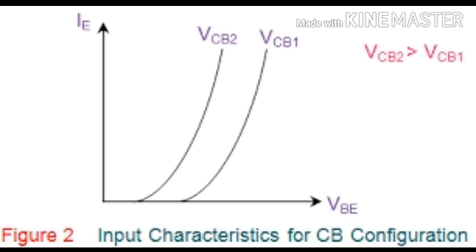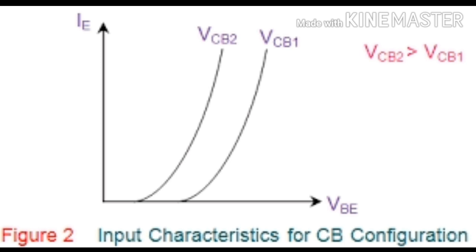Current IB is 0 until VBE crosses the barrier potential, that is 0.7 volt for silicon and 0.3 volt for germanium. The curve is similar to that of the PN junction diode. After the barrier potential, IB starts increasing slowly and then rapidly.